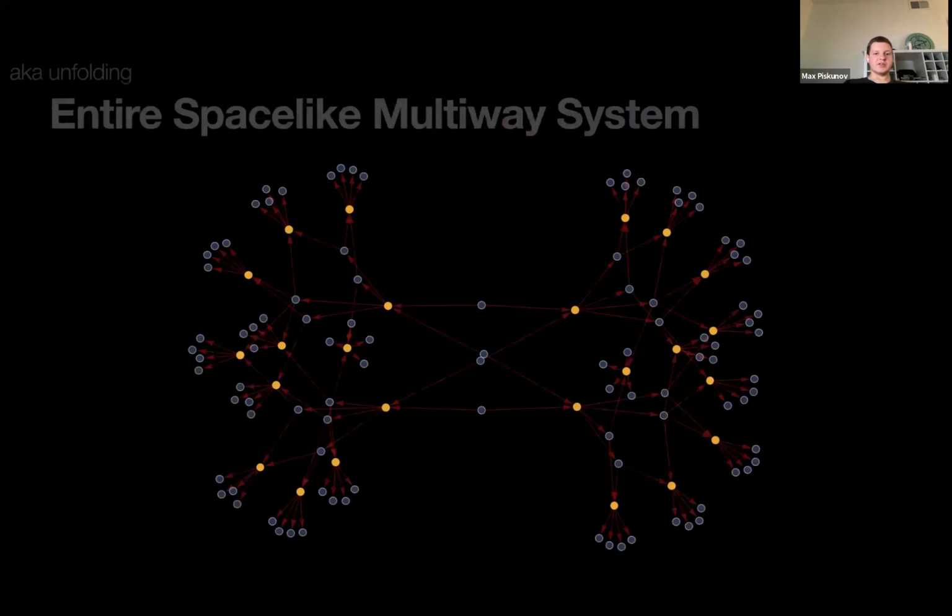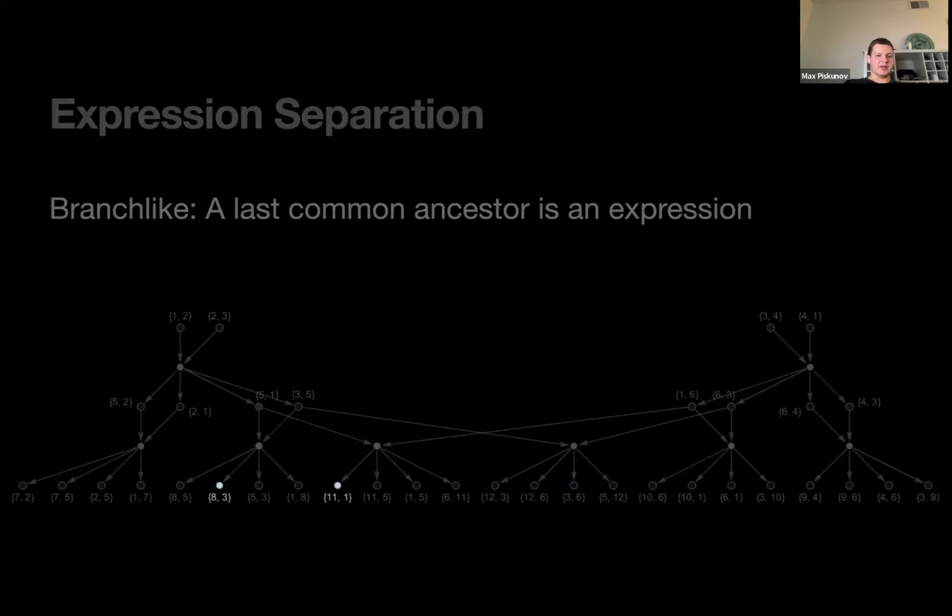Okay, so in other words, what this allows us to do is that in the single way evolution expression events graph, all of the expressions have the out degree of 1 and in degree of 1.